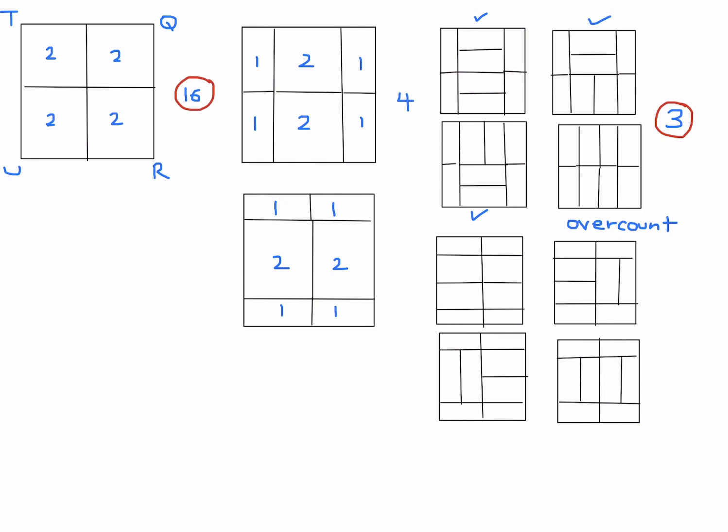I think that covers it all. Okay, and as before, we've got to look at whether any of these overcount, and the answer is yes, this one is an overcount. So I'll just write that here, overcount. But we've got 3 unique ones, 1, 2, 3. So I've got 3 more. Okay, so far I've got these 3. So 16, 3, and 3.